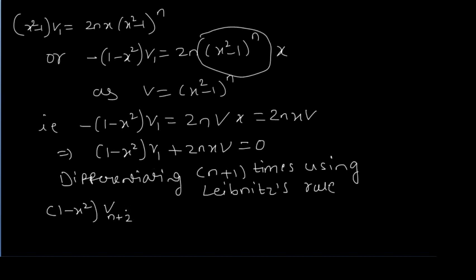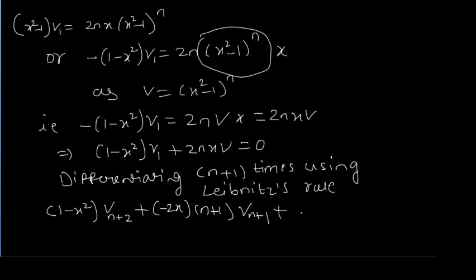Then plus, differentiation of this one gives minus 2x into n plus 1 into vn plus 1.